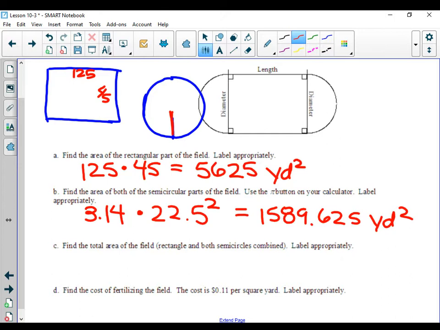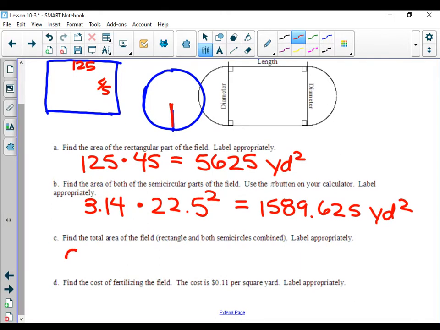Number 3, total. Add them together. My favorite part. We already did the hard work. Take the first shape plus the second shape.